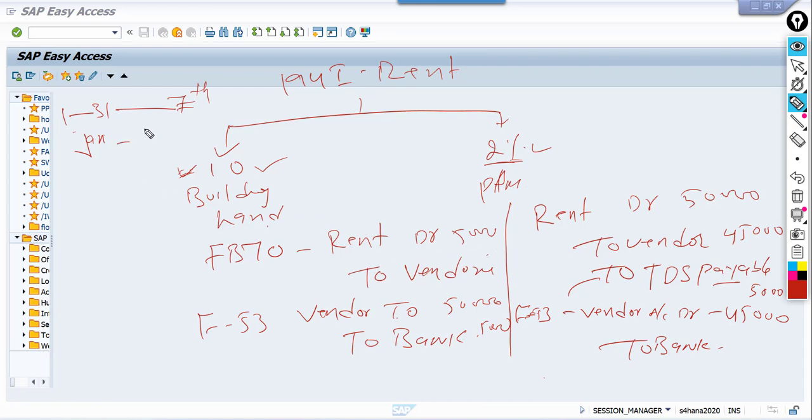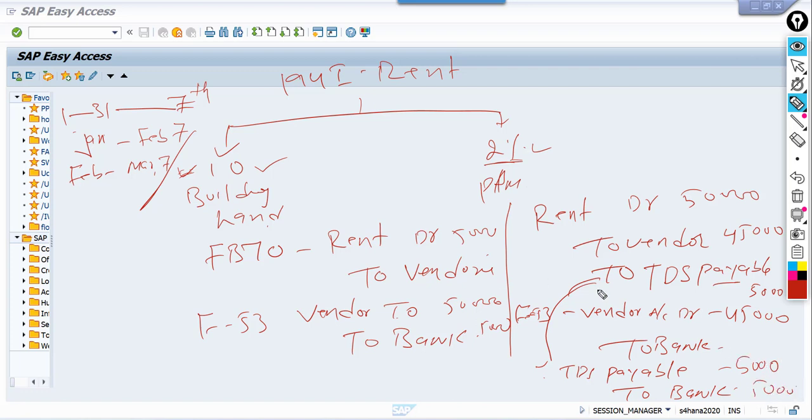So for Jan it will be Feb 7th. From Feb it will be March 7. Like this. Within this due date, we have to deposit this TDS payable to the bank. Here we are depositing this 5,000 to the income tax department. So this is the change. This is before TDS. This is after TDS. Hope you understand.